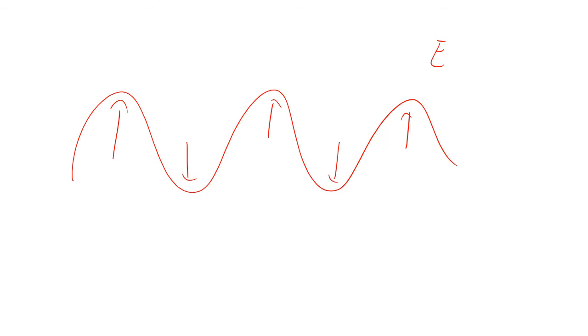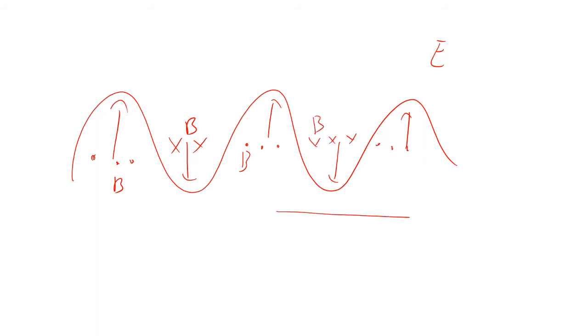The magnetic field is perpendicular to that. Where the electric field is up, the magnetic field is out of the board. Where the electric field's down, the magnetic field is into the board, and so forth.